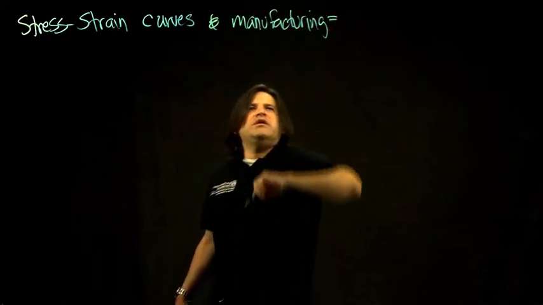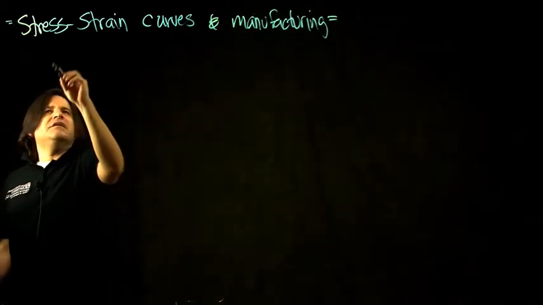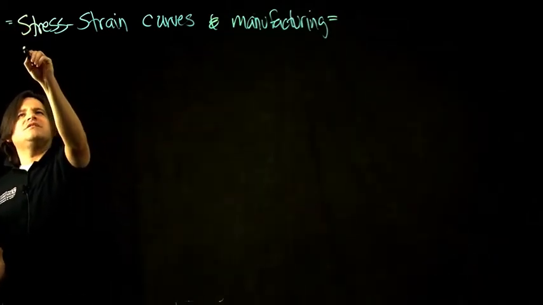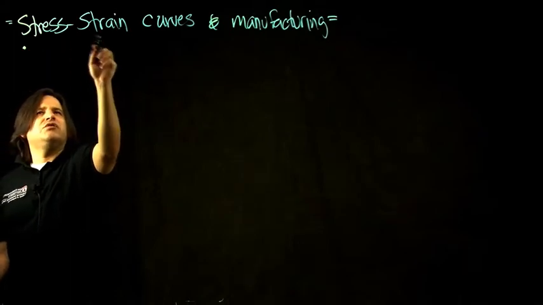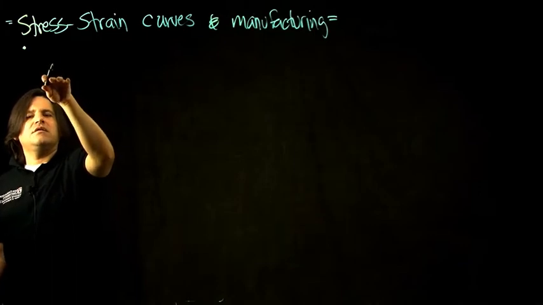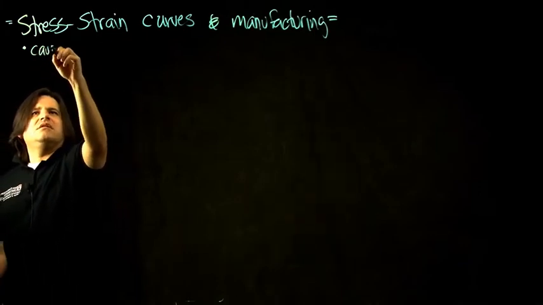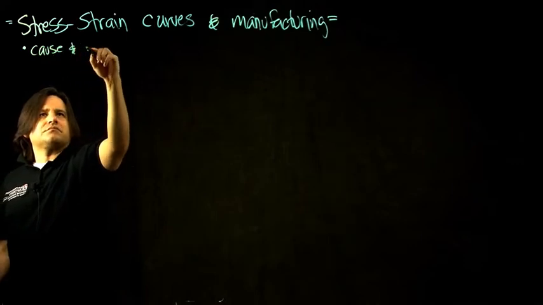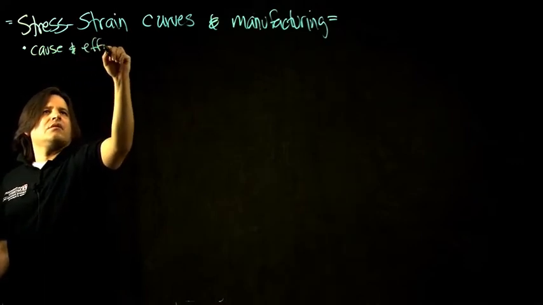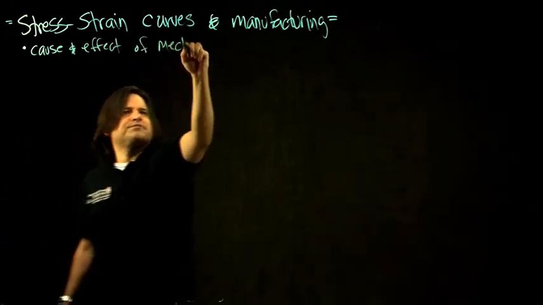So for the stress strain curves, one way to think about it is that this is a cause and effect. The induced stress, some force on the body, produces a strain. Cause and effect of mechanical force.